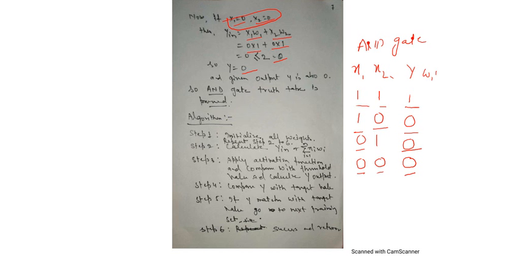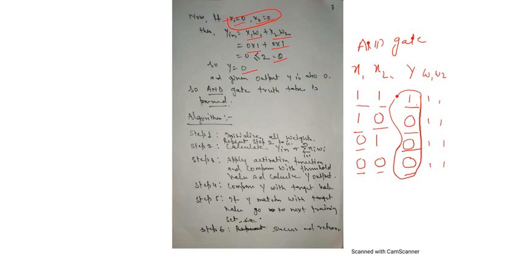W1 and W2 are 1 1 in each of these cases. So we can say that this output and the targeted output of the AND gate are matching. So we can say that this McCulloch-Pitts neuron acts as an AND gate.